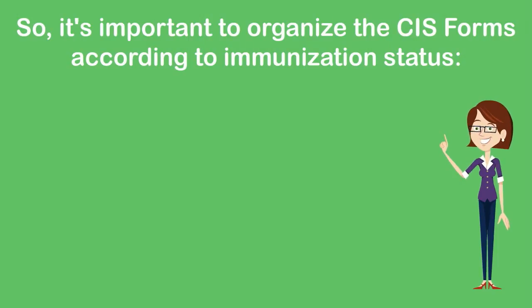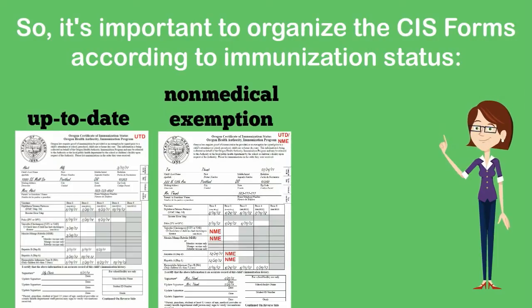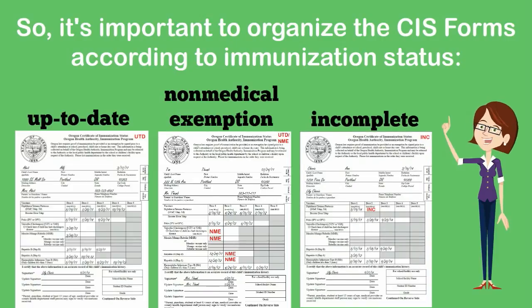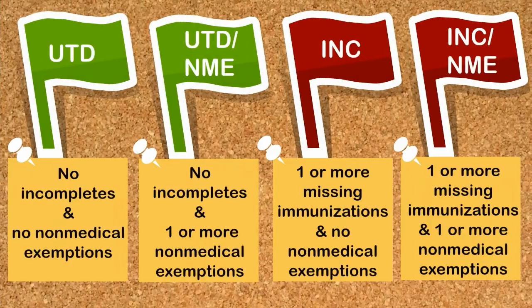So, count up how many CIS forms are marked up to date, how many are up to date with non-medical exemptions, and how many are incomplete with and without non-medical exemptions. Every CIS form should fall into one of these 4 categories.